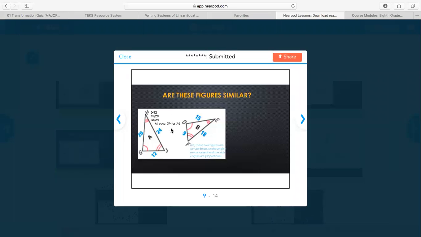I blocked out their name so no one gets embarrassed. This person put the small over the big, so they got 0.75, which is the same thing. They all got the same ratio. Even if you did big over small, a different number, they all should be the same ratio.